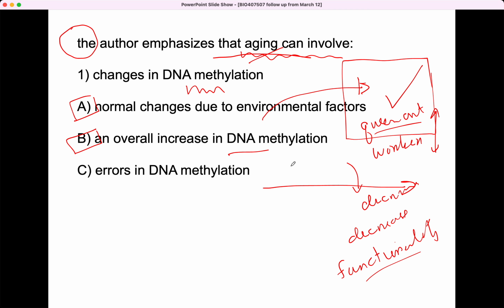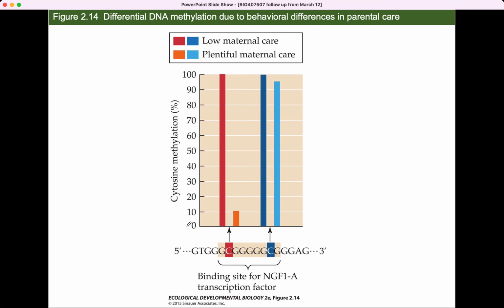Then also as we age or go through the life cycle, in addition to increases in DNA methylation, there can be errors. So I think this is a summary of what we want to get out of DNA methylation: hanging on to our original examples, and then diving into aging and an increase in methylation, and also separately errors in DNA methylation. The author shows this going back to chapter 2, and this is just that normal story.